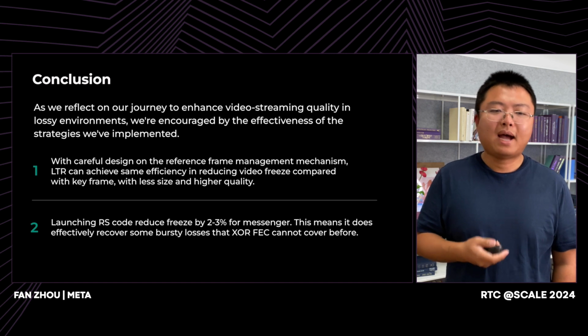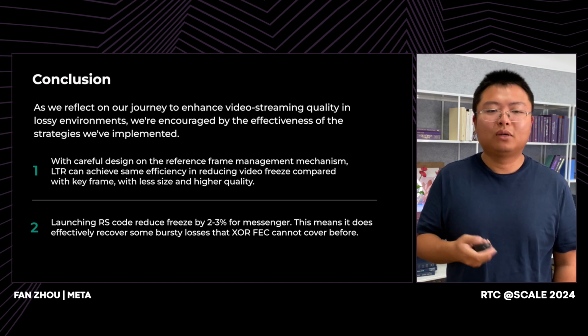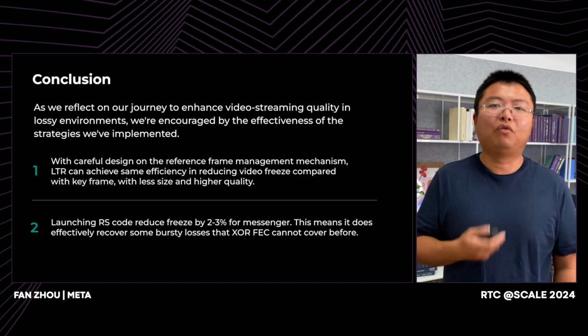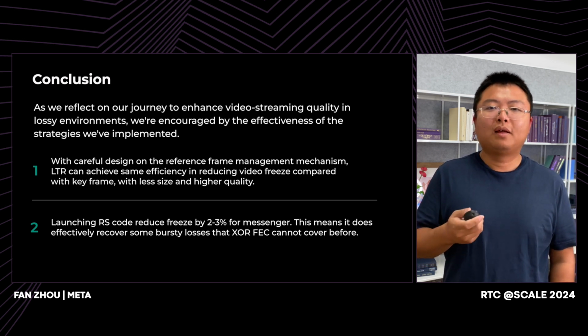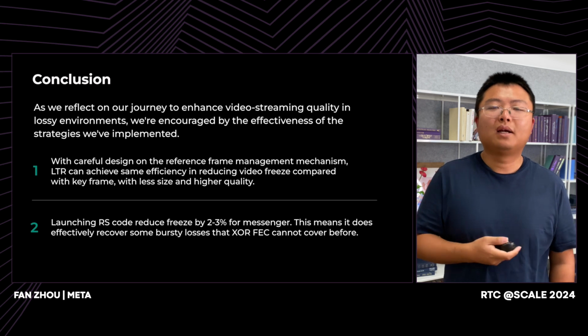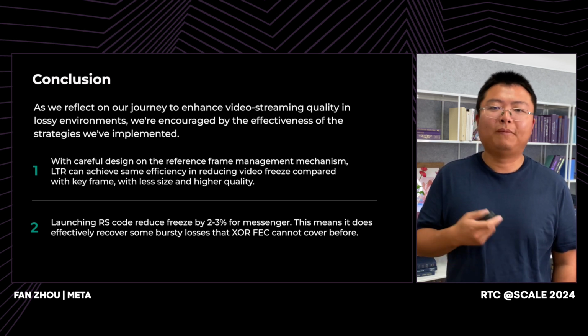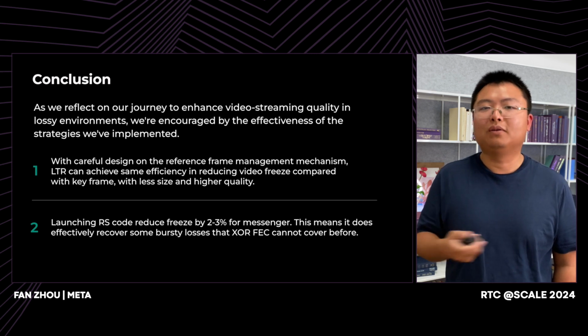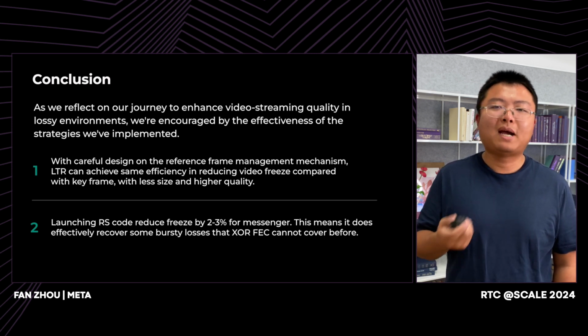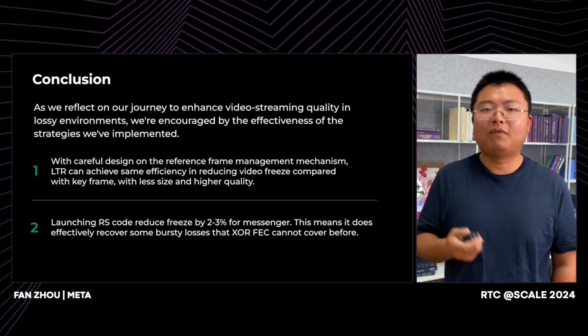It means that RS code does effectively recover some bursty losses that could not be covered by XOR FEC before. We just launched it broadly, but we can explore some special optimization for HD video, in which case we expect that RS code can achieve even higher video freeze gain compared with the baseline of XOR FEC.